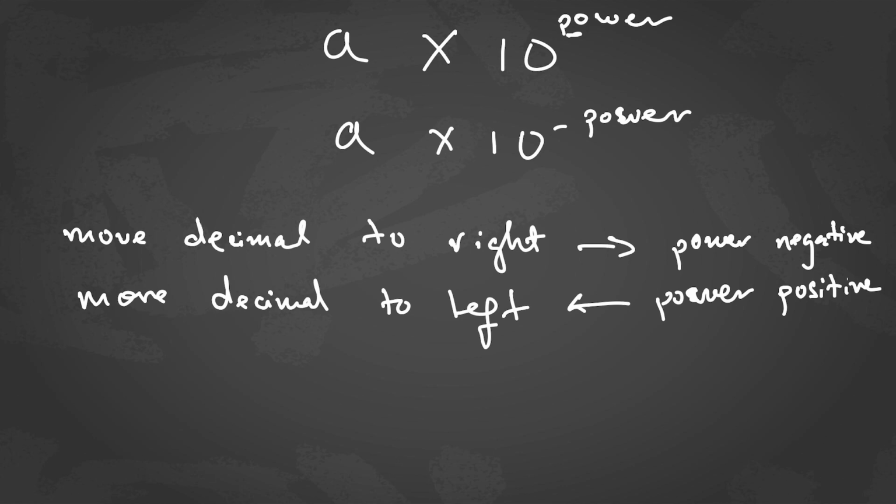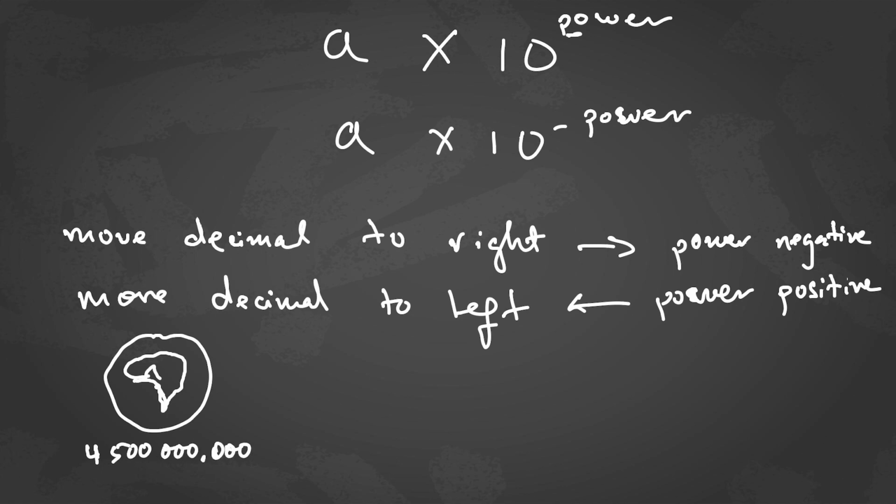So take, for example, our planet, the Earth. We know that our planet is roughly 4.5 billion years old, right? Imagine writing this number this way many times, it's going to be very, very inefficient.